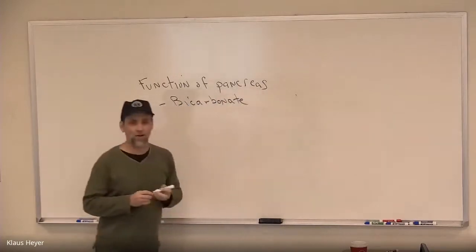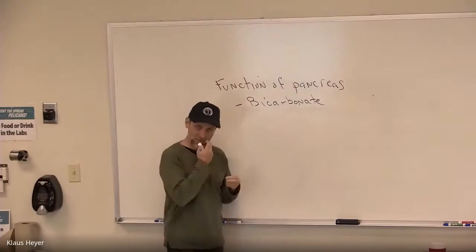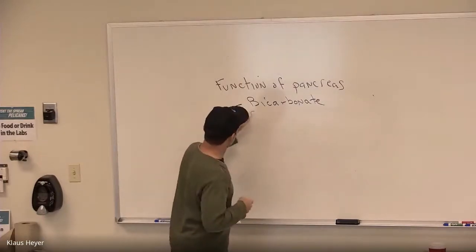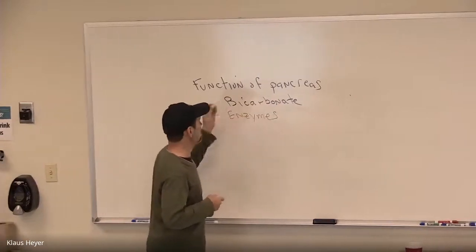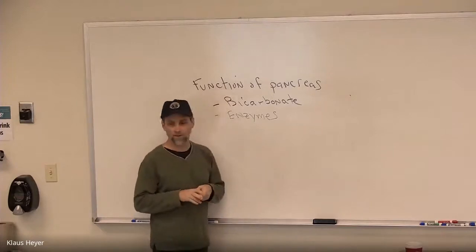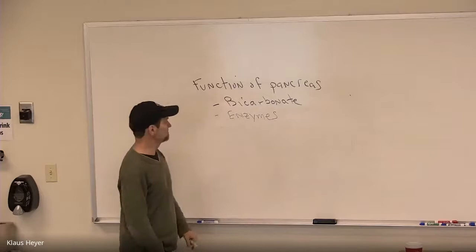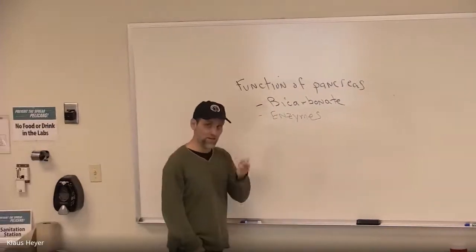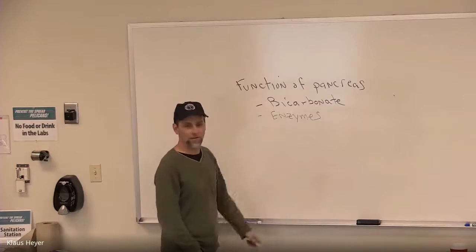So it makes bicarb. Bicarb is an antacid. It raises the pH. Of course, it also makes enzymes. It does other things too. The pancreas makes hormones that you'll learn about next semester. But for the digestive system, it makes sodium bicarbonate, it makes enzymes.